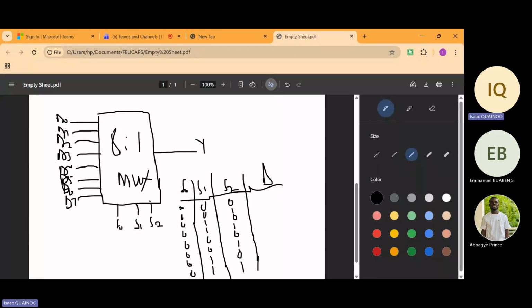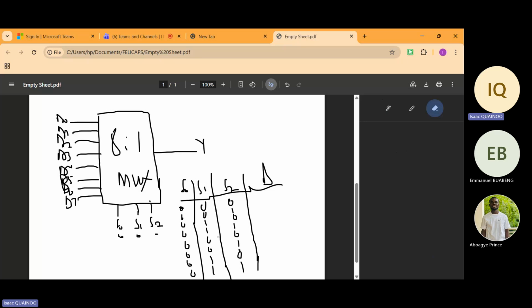So combination 1, if S0 is 0, S1 is 0, and S2 is 0. Why are we having all zeros for the line? Oh, okay, that was an error. Sorry, I didn't look at that.